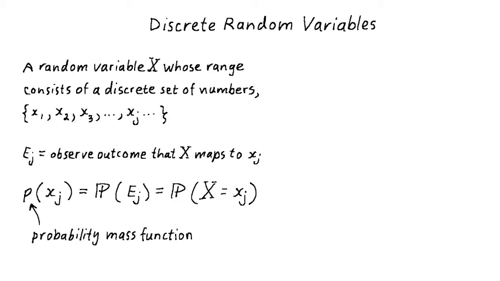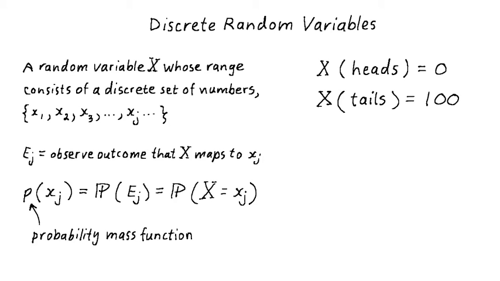To see what this function looks like for a particular experiment, let's again turn to our fair coin and the random variable capital X that we've already introduced. Let's now sketch out the graph of lowercase p. The graph follows the horizontal axis here because there's 0 chance that we observe a value of lowercase x that's negative. That changes when lowercase x is equal to 0. Here, the function pops up to a value of 1/2 because that's the probability of observing heads, and it's heads that maps to 0.